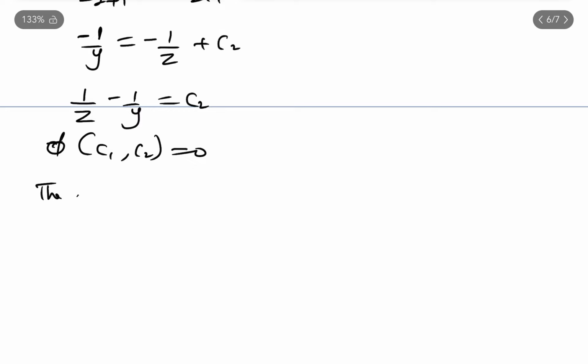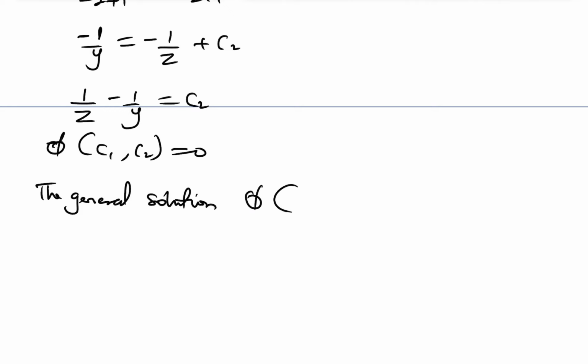So the general solution is 1 over y minus 1 over x comma 1 over z minus 1 over y equals 0. So this is our final answer for this.